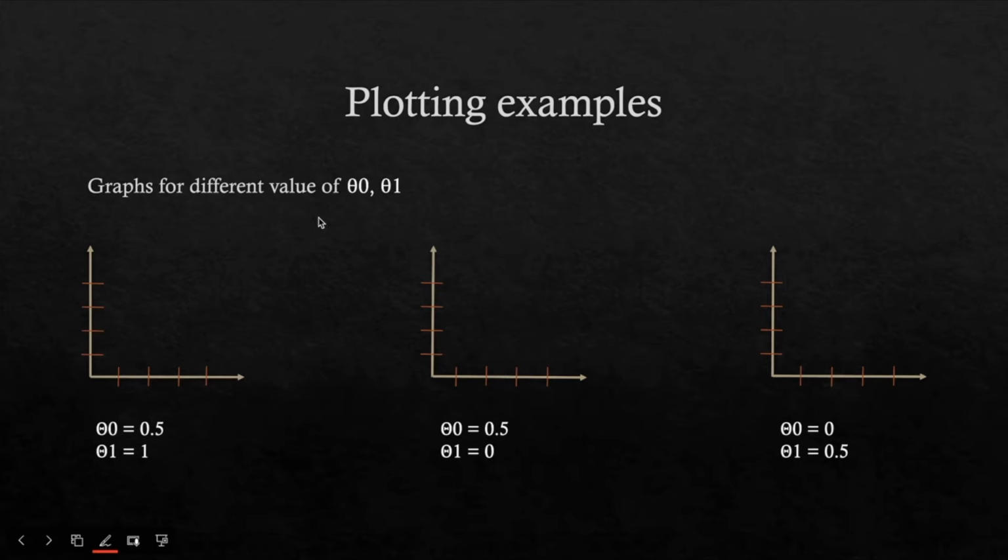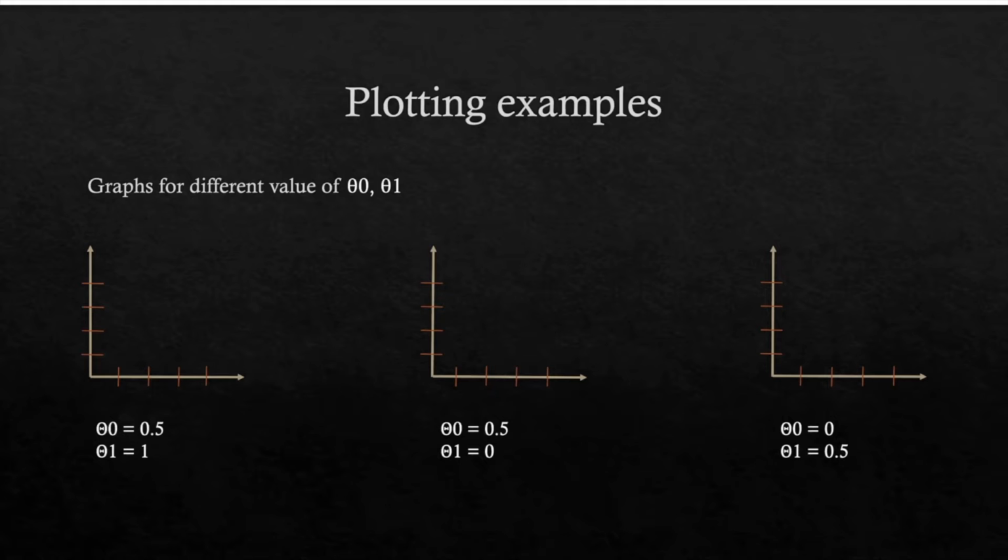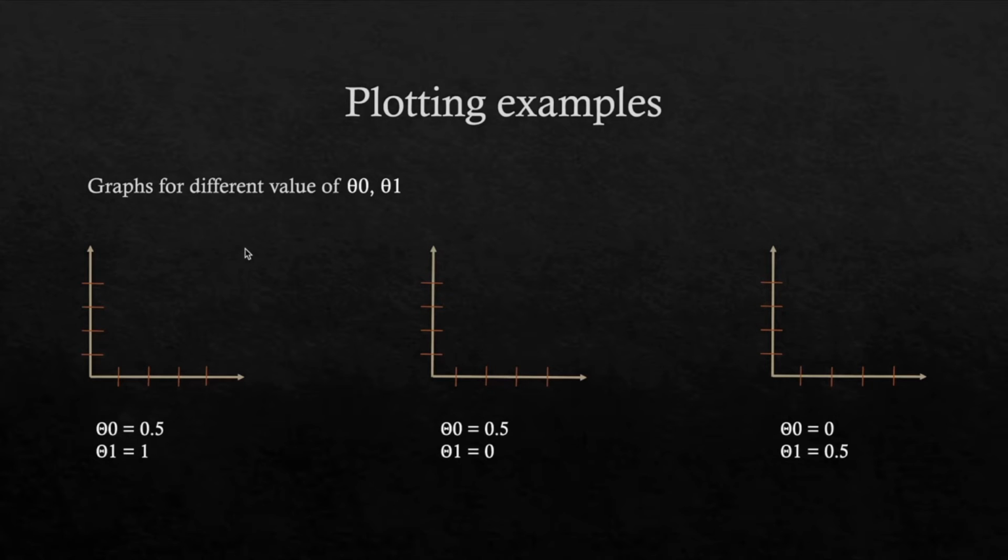So let's plot examples. How do we plot our examples? Here, theta 0 is 0.5 and theta 1 is 1. As you see in the previous slide, h of theta x is equal to theta 0 plus theta 1 x.